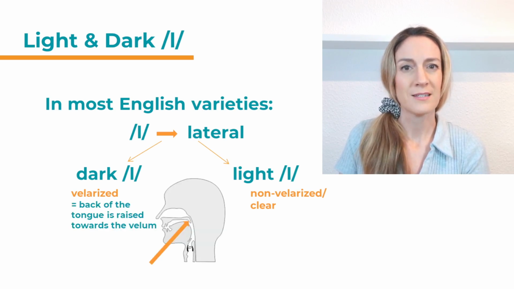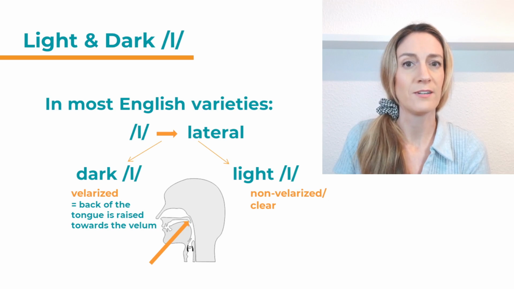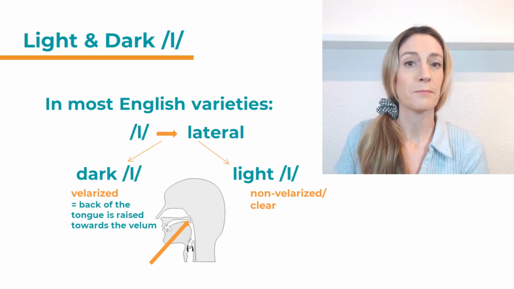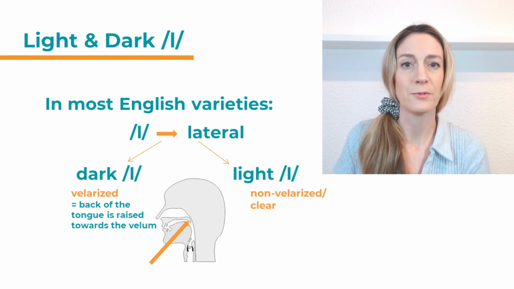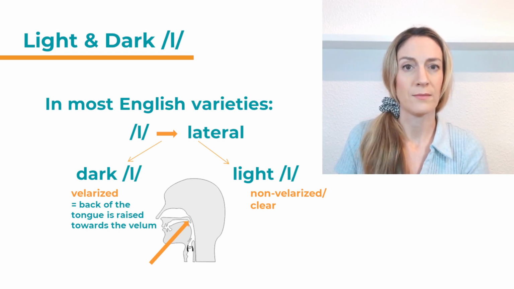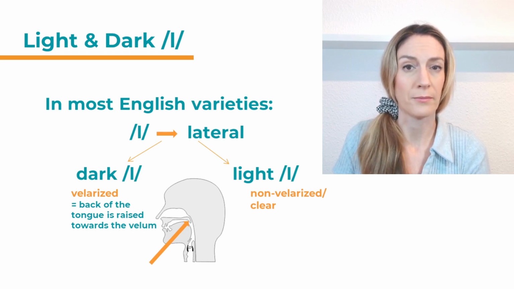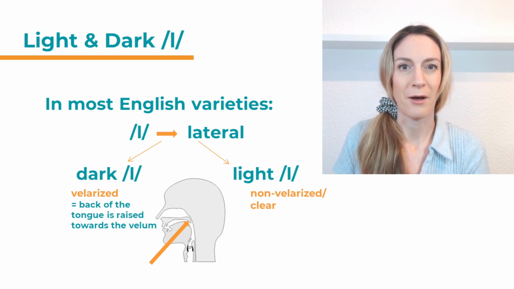Velarized means that it has something to do with the velum, and that is a specific place in our vocal tract. And I've put a diagram on the slide so you can see it. So you can see the vocal tract, you can see the tongue, and the arrow points to the velum. It's in the back of the throat, it's quite soft, and it's on the top of the roof of the mouth, really.